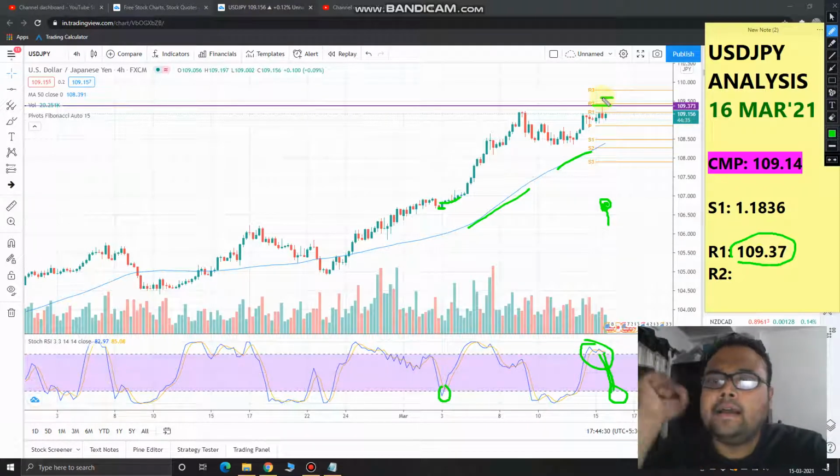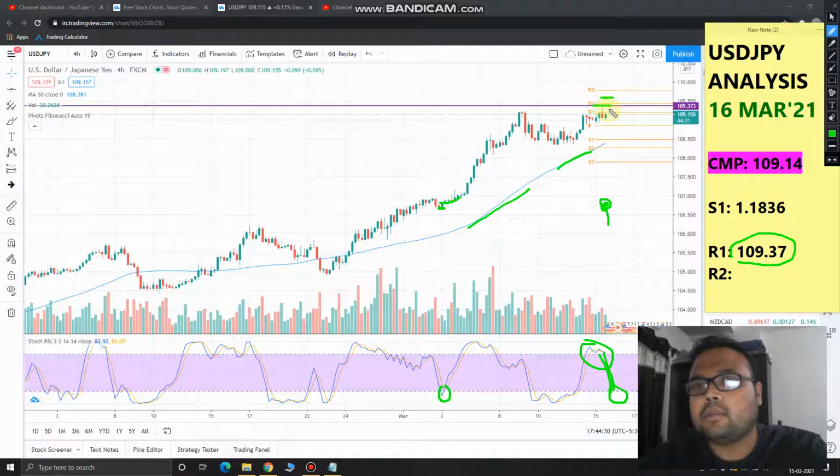Suppose the market has crossed this level and the market is in the overbought zone, then wait for the market to cool off again. So when the market comes down to the oversold zone, just look at the position of the price.